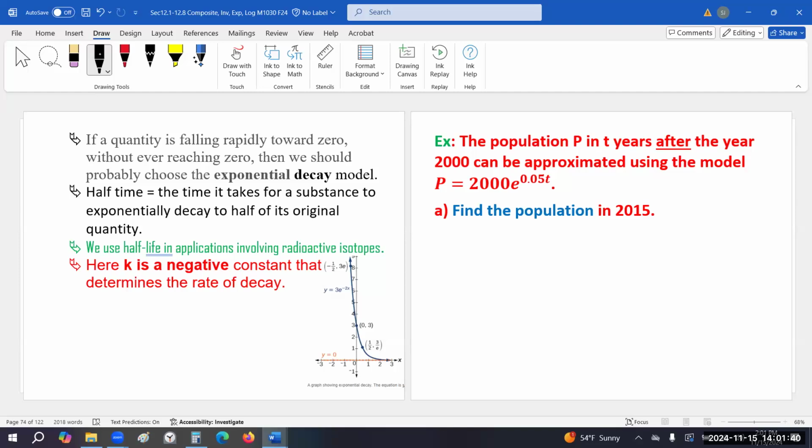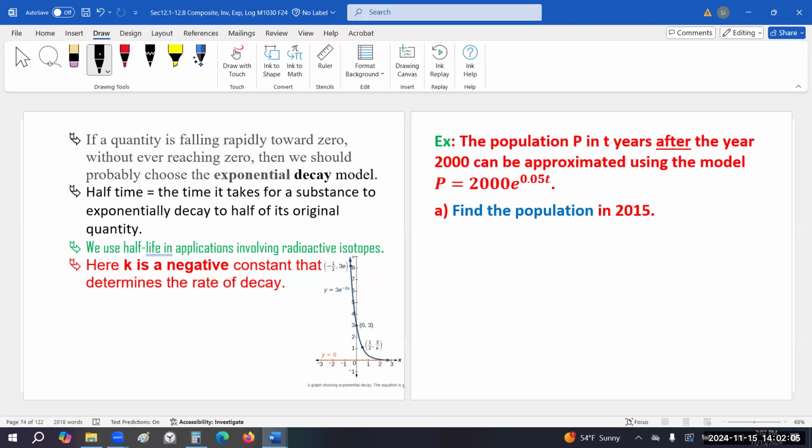The population P, t years after the year 2000, can be approximated using the model P equals 2,000 e to the 0.05 t. So they gave us a population model, and they want us to figure out the population size in 2015.